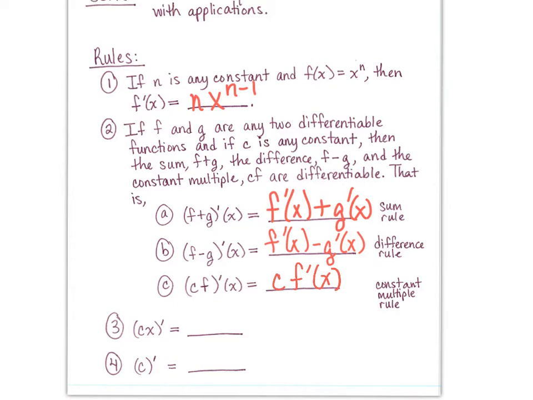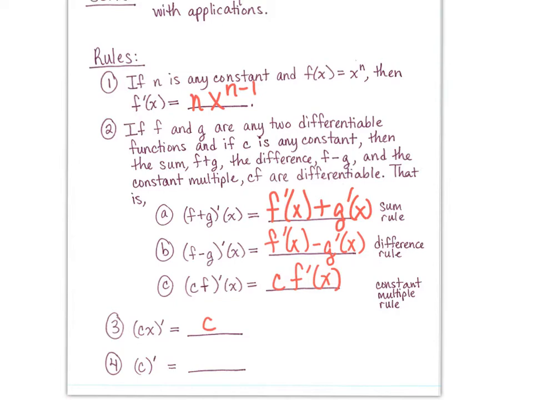What's the derivative of cx? What's the derivative of x? See, blank looks, it's 1. The derivative of x is 1, x prime is equal to 1, so cx prime will be equal to c.